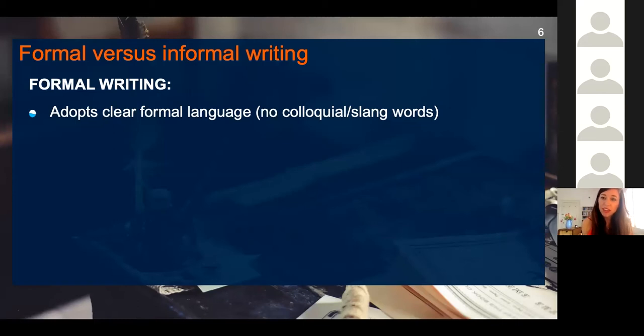For instance, you're not writing the way you spoke with your friend last night, or in the style of a text message where you can use the number 4 for "for". Those kinds of things are out the door. It's not like a conversation with your friend, although of course you can be friends with your supervisor if you want, but it's not that style of writing. It's something more formal than that.